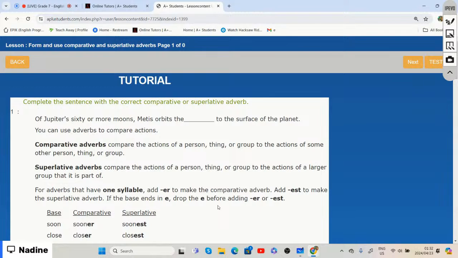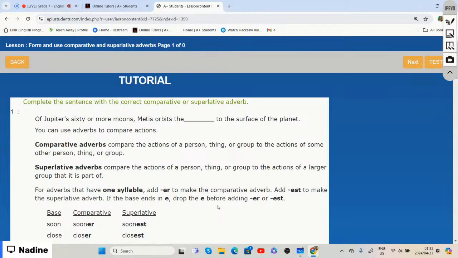And then we have a superlative adverb, right? A superlative adverb compares the action of a person, thing, or group to an action of a larger group, right? So let's make an example. I'm just going to make up names, where we say Jade, right? This is now a superlative, where we say Jade is the smartest in the whole of the grade sevens, right?